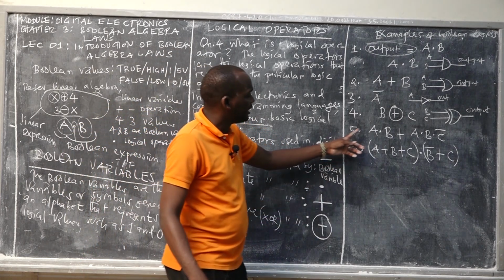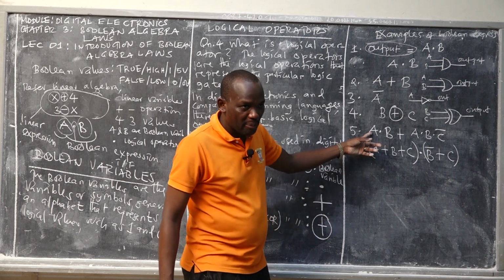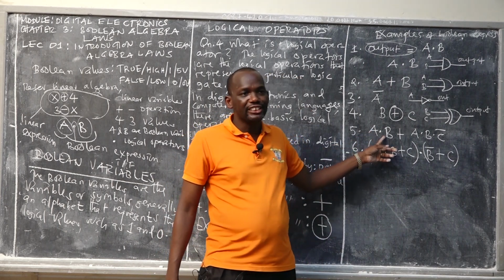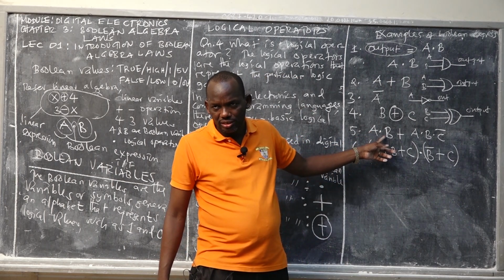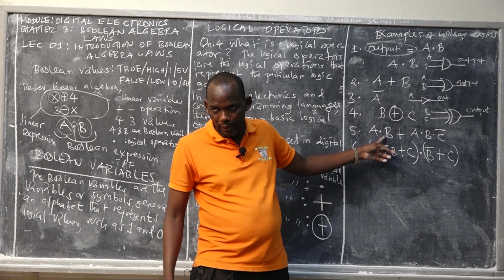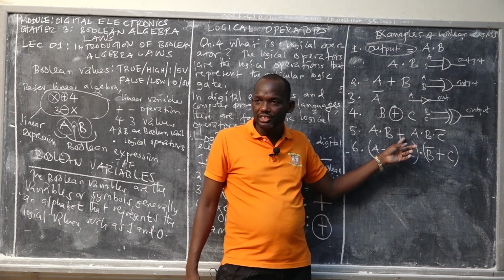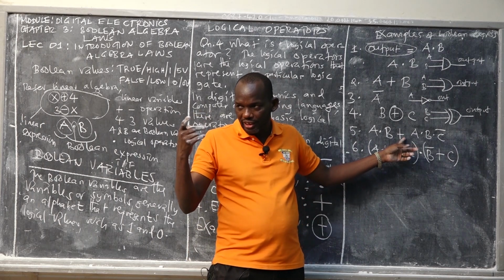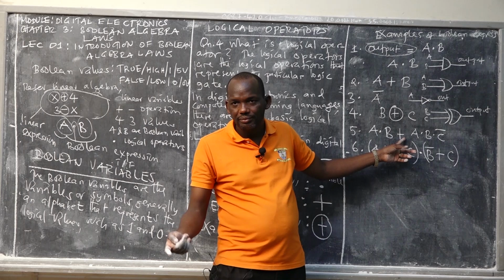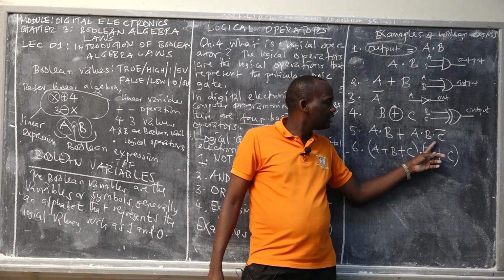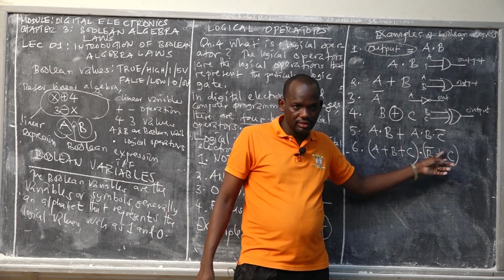Then we are in example 5. For example 5, we have an AND gate here. That's the first gate. Then we have an OR gate. That's the second logic gate. For this case, we have 2 gates.